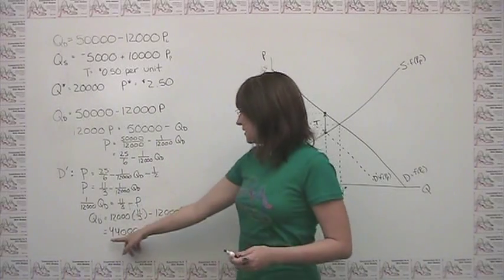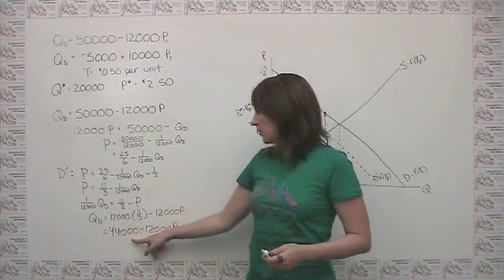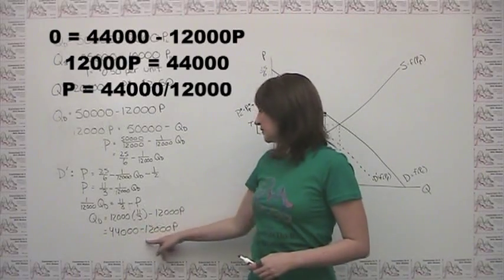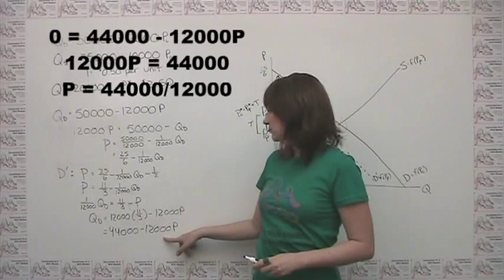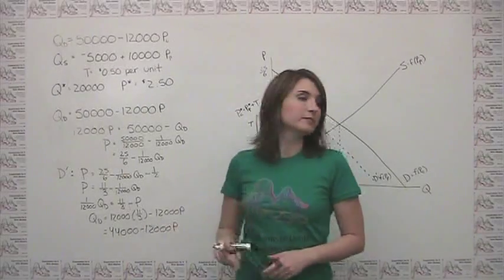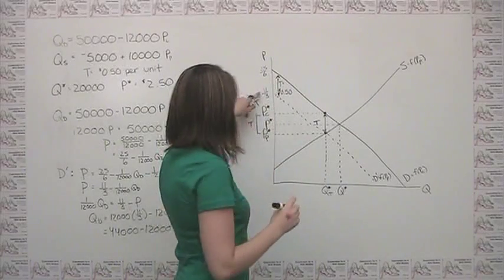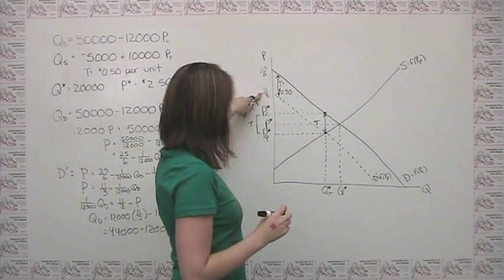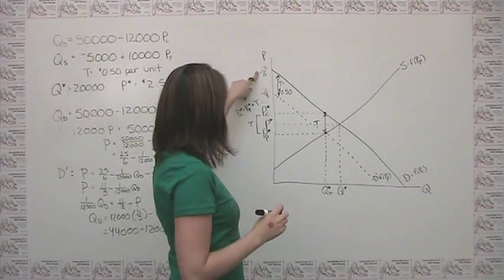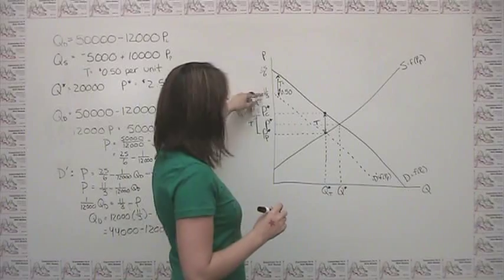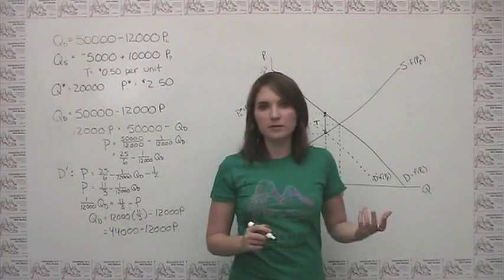And in this case our intercept is 44,000 divided by 12,000, or 22,000 divided by 6,000, which is 11 over 3, right? This is a little bit more than 4, and this is a little bit less than 4. So our sanity check makes sense in that we're actually shifting our curve downwards.